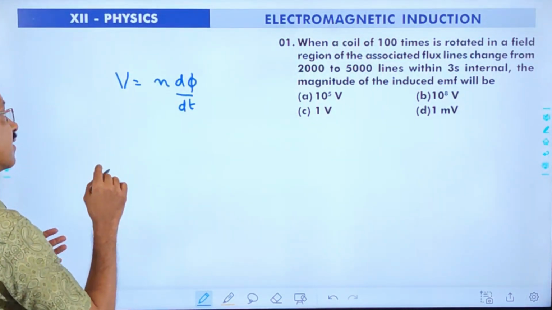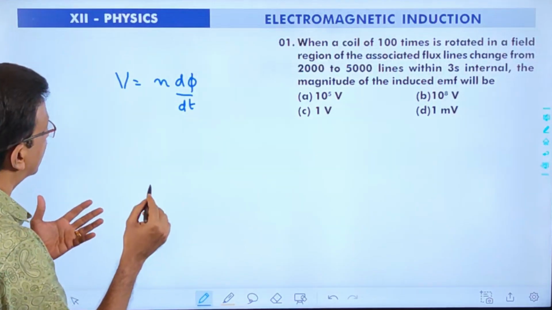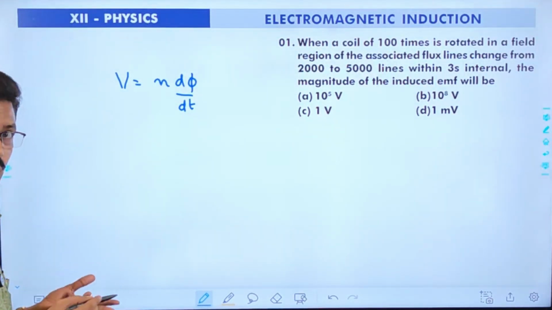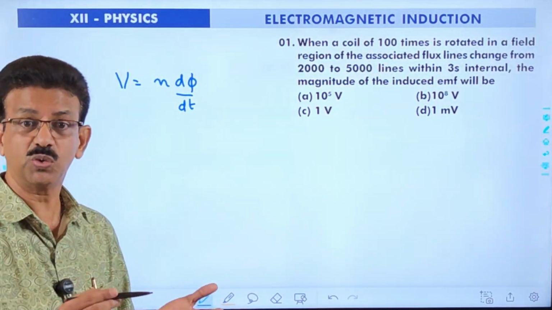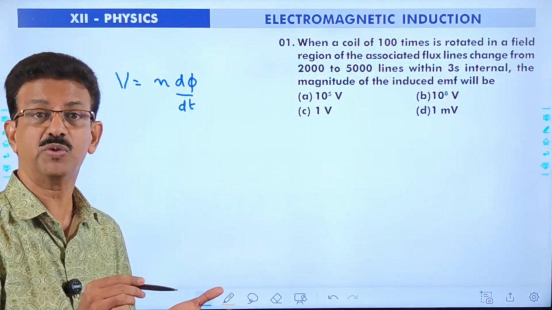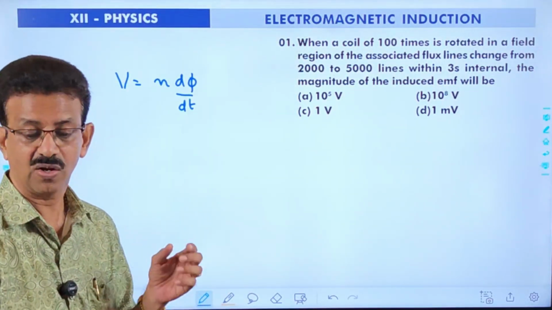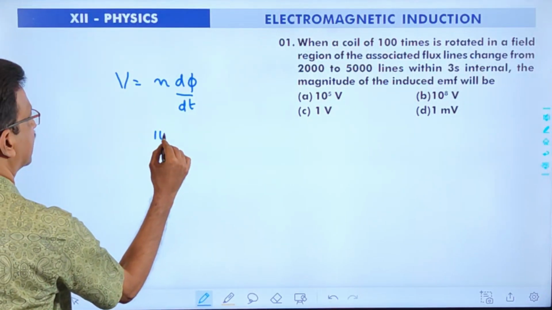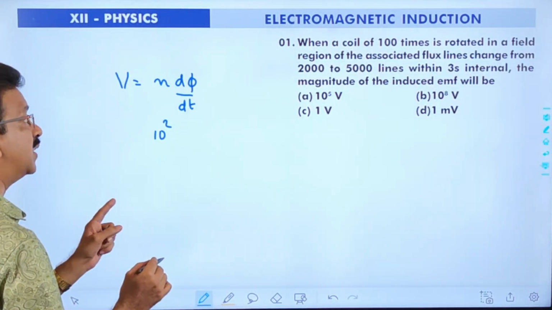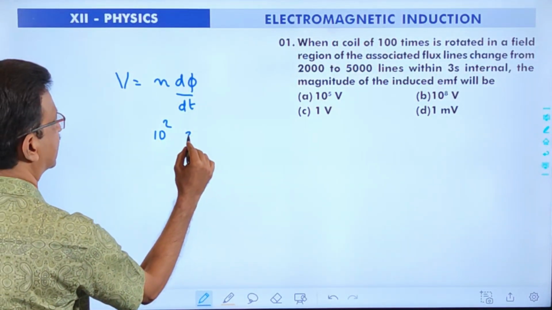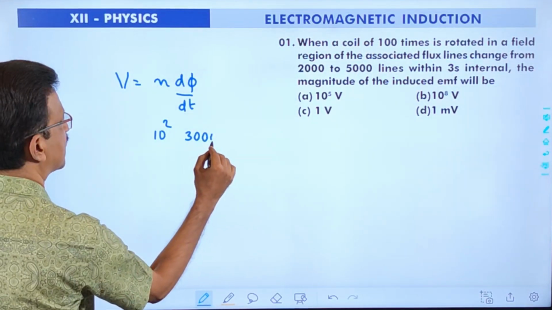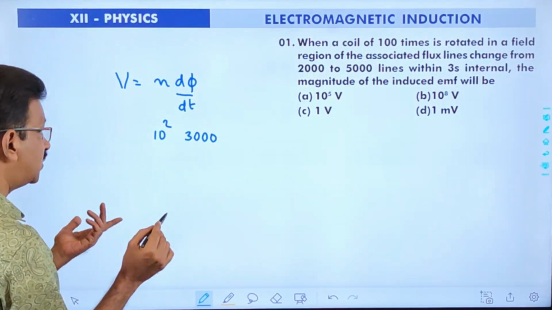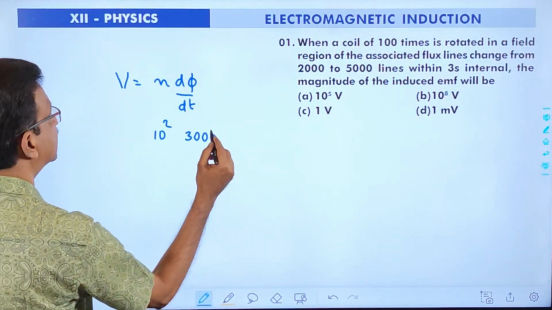Now, here when the coil rotates through a magnetic field region, the associated flux lines change from 2000 to 5000. Coil of 100 turns. 2000 to 5000 lines, therefore 3000 lines. That's the change of flux lines.